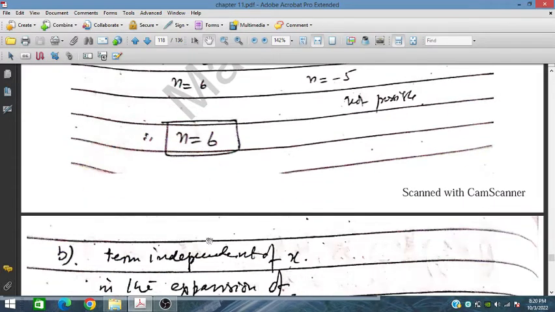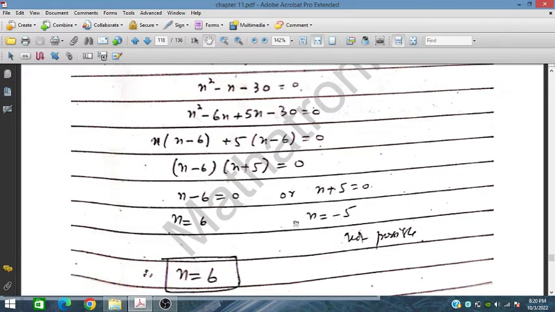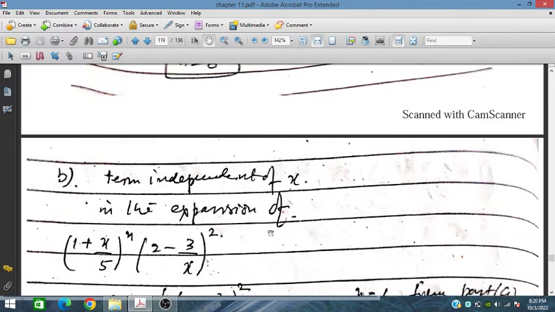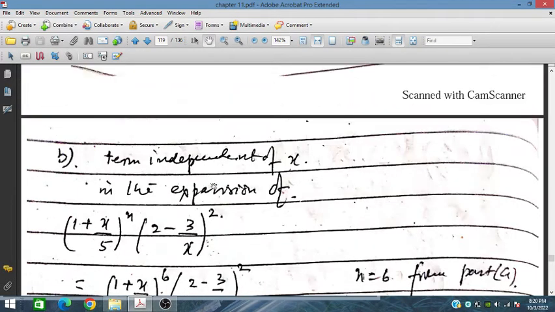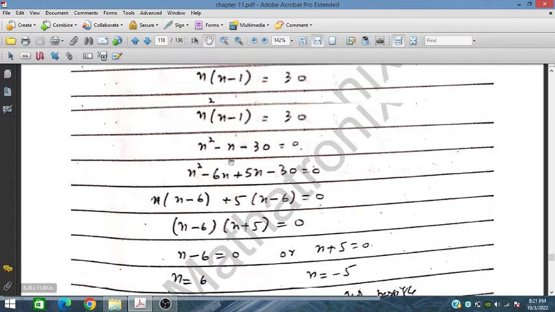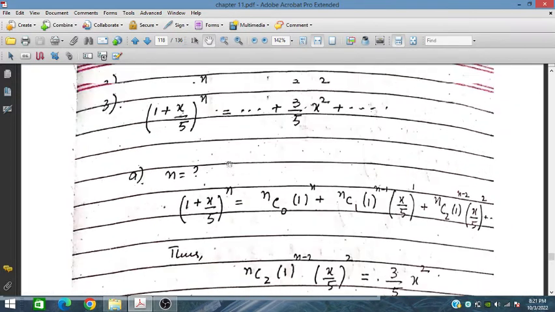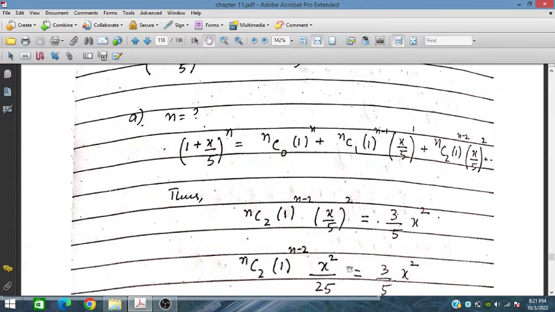So second, in the second part, we have to find the term independent of x. So we have this given information. This is 1 over x plus x upon 5. So we have solved it, x upon 5.